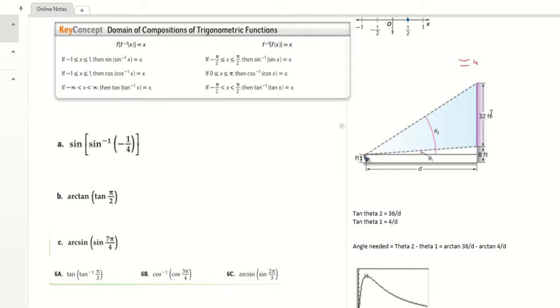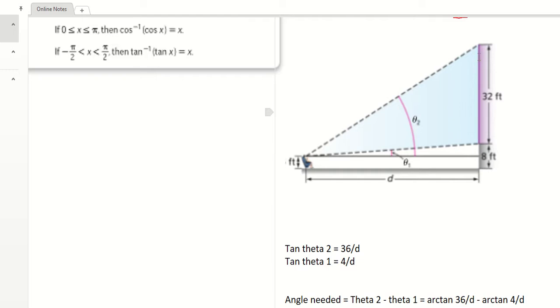So tangent of 32 over d, or in this case, okay, let's see. We need to calculate this angle. We are sitting at the theater screen, and need to take the view angle of the theater screen, which is the difference between angles. This is the horizontal line. Always look for the horizontal line in a triangle.